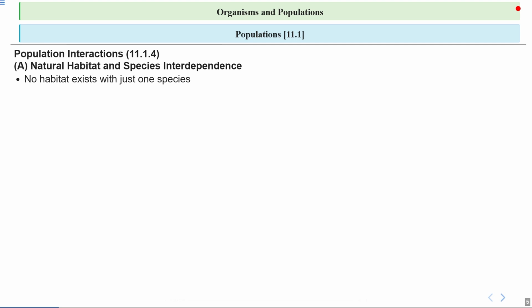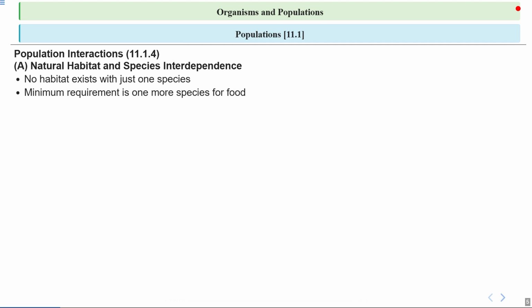At the very least, a species needs another species for food. It is dependent on the other species. So at least you need 2 species in a particular habitat, because species are dependent on each other.